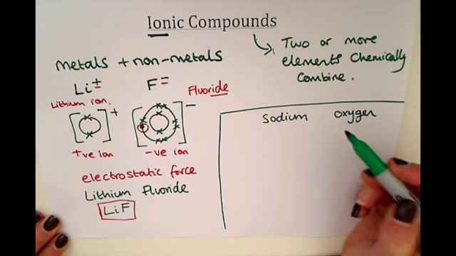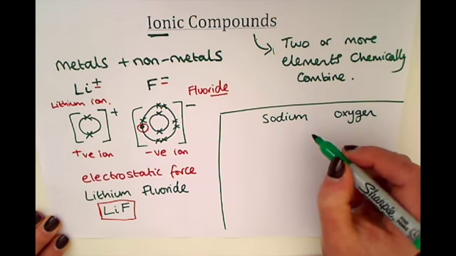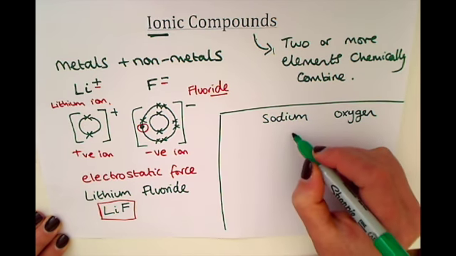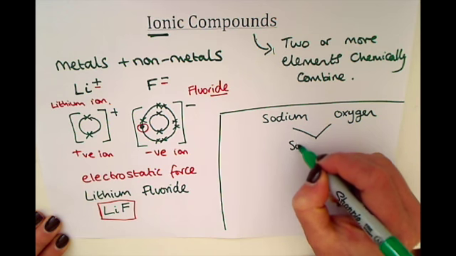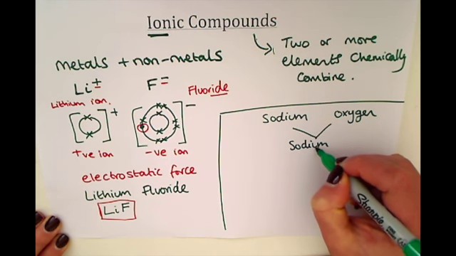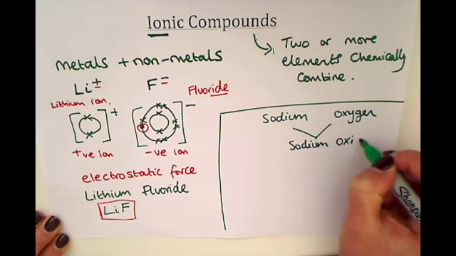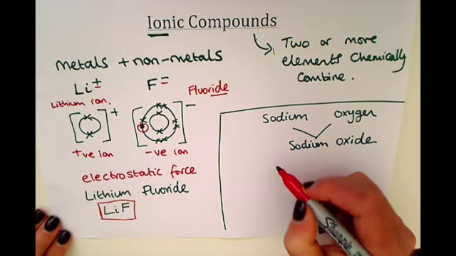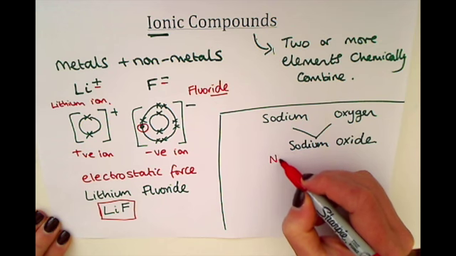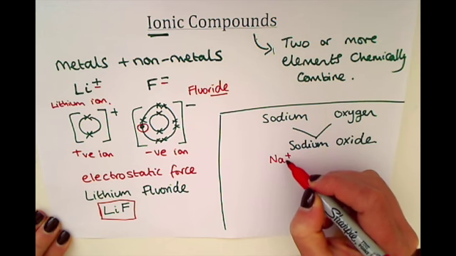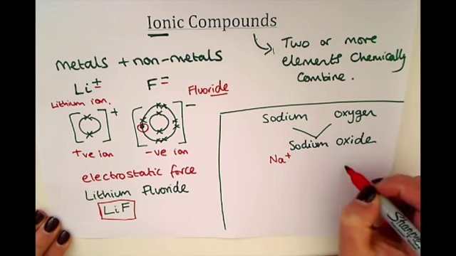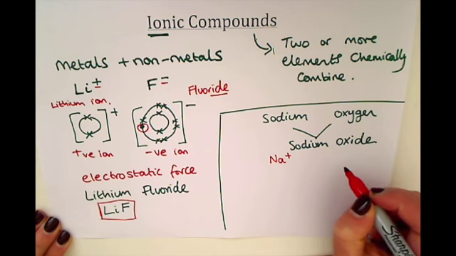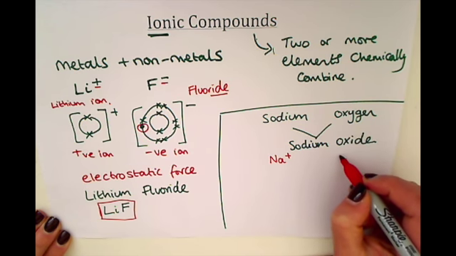Now this would make an ionic compound called sodium oxide. Now if we were to write this in shorthand, sodium is in group 1, so it would be Na plus, but oxygen is in group 6, so that would need 2 electrons to complete its outer shell, so that would be O2 minus.